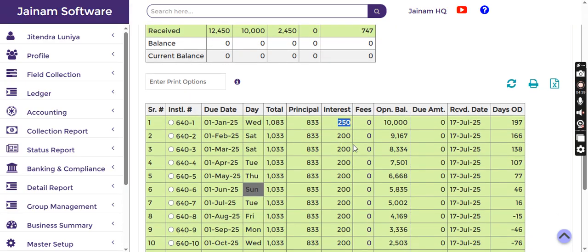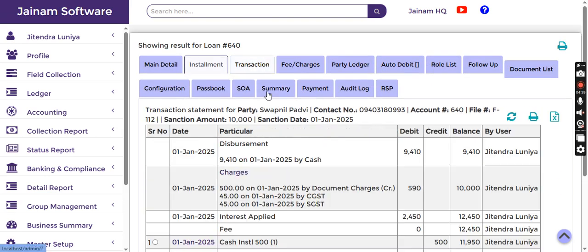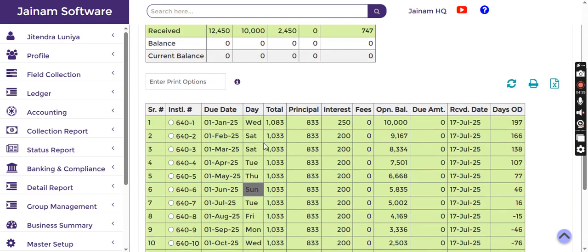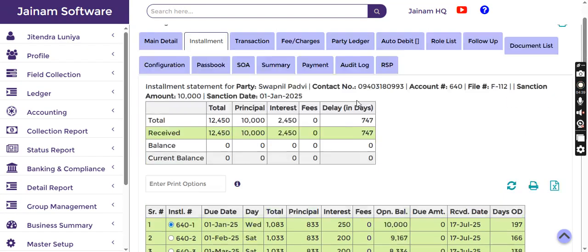So that indicates that when we receive the amount, for example, in transactions, first we received 500, then 533, which is 1033. Whereas this is showing 1083. That means after receiving the amount, we increased the interest. Now what we can do is simply change it back to 200, or whatever corrections you have done, you will have to revert those changes. All right.